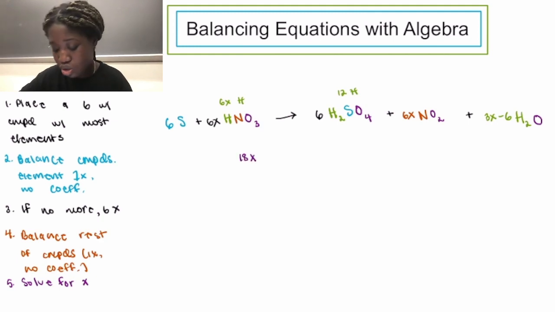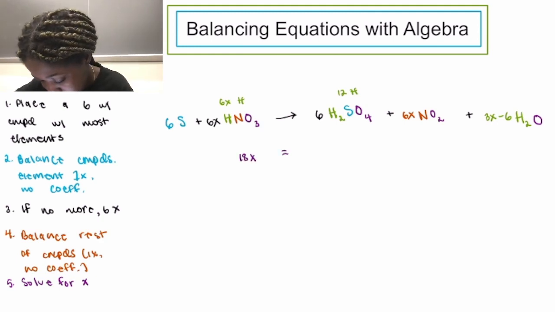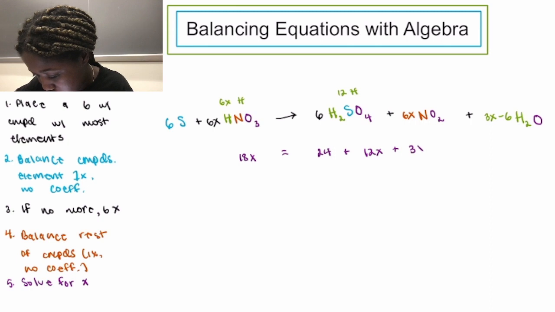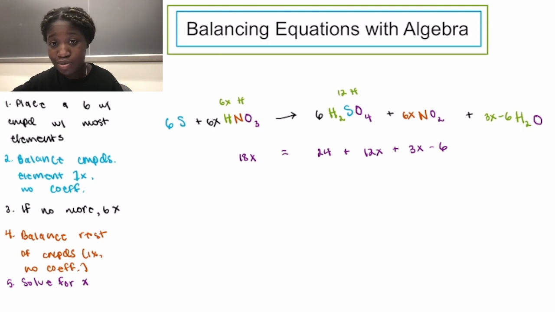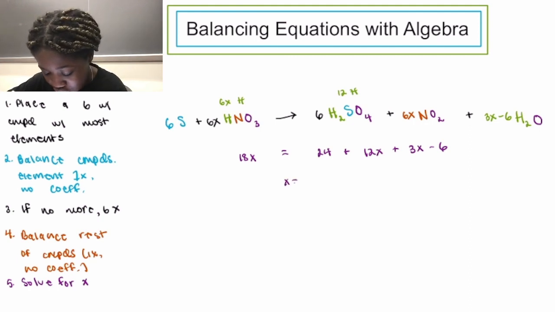This arrow is going to turn to an equal sign. 24 plus 12x plus 3x minus 6. Now, this is a mental math problem, so you guys can just do this in your head. But how I would go about it is combining like terms with the x's, doing some addition and subtraction, and when you do that, you'll find that x equals 6.